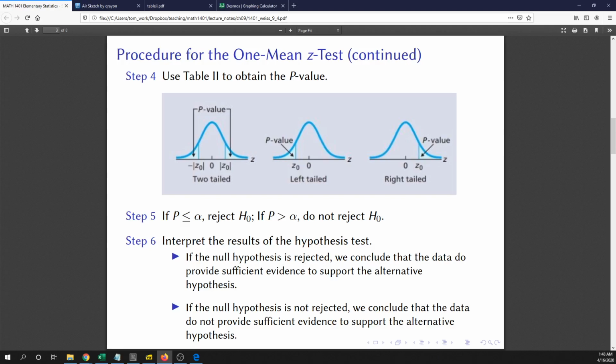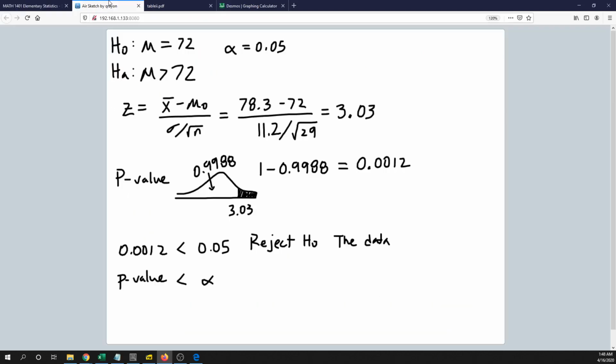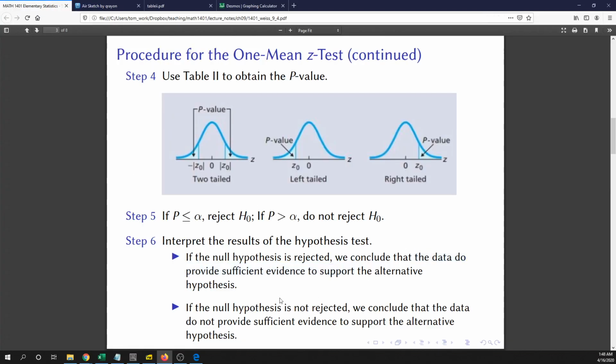So the conclusion is that the data do provide sufficient evidence to support the alternative hypothesis.